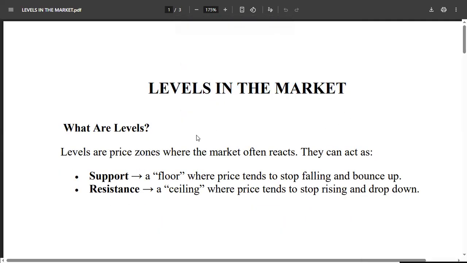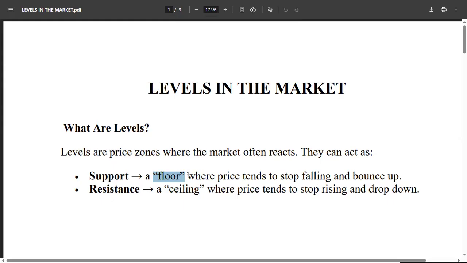Okay. So what are levels? Levels are the price zones where the market often reacts. So we normally know that we have two levels: the support levels and the resistance levels. The support level is like a floor, normally at the bottom.